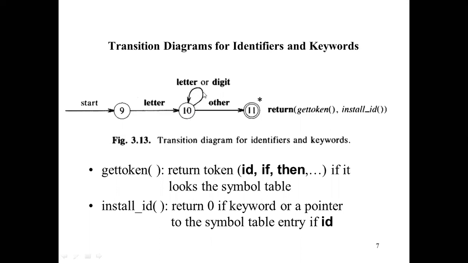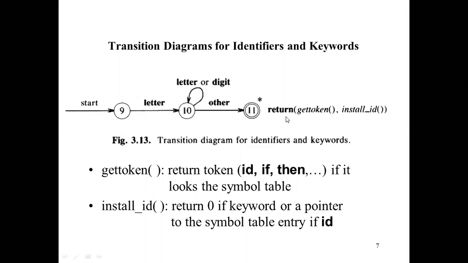So the process will go on, moving again and again to the same state until the end of the string. It will search again and again for the letter or digit. In this fashion, we will move. Here we will write other, and this is the final or accepting state.